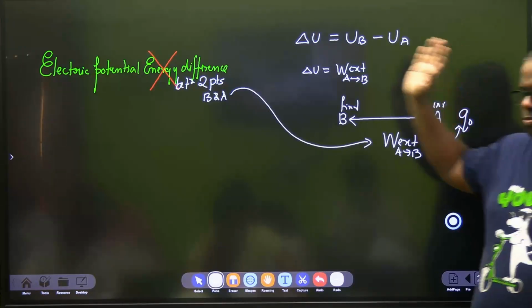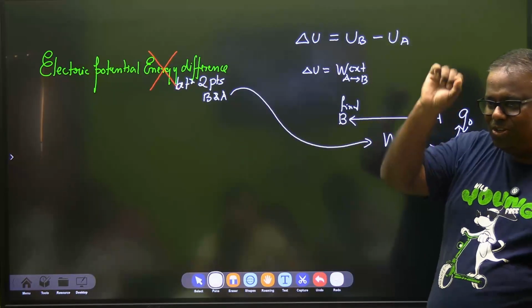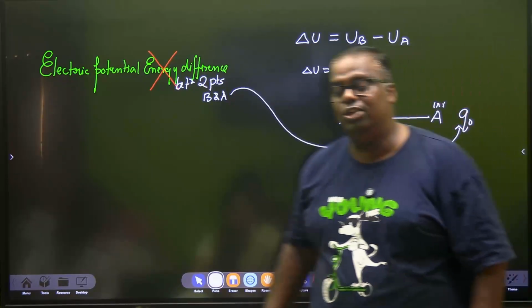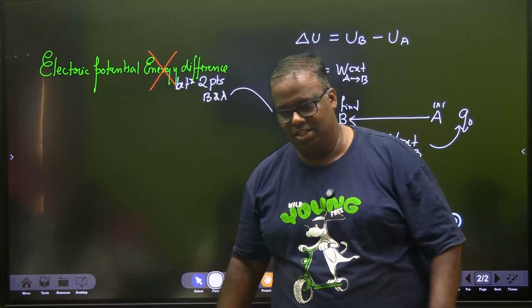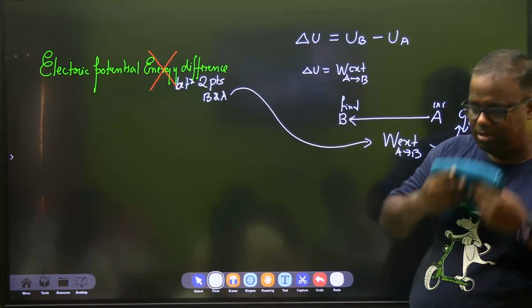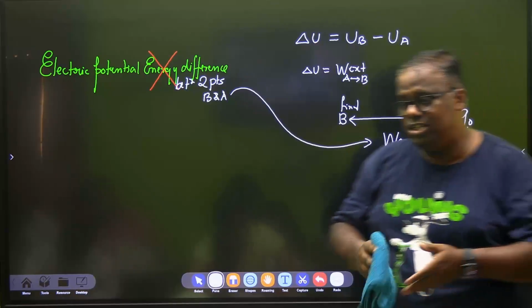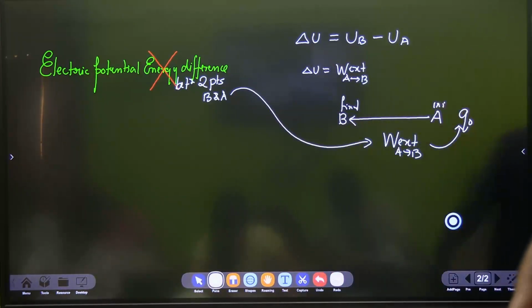Have you made 2 points? Now just look at me, what I say. Introduce one test charge Q naught. Write for Q naught, what is it? Test charge. Test charge means what do you write in brackets? Q naught is positive and has negligible charge.